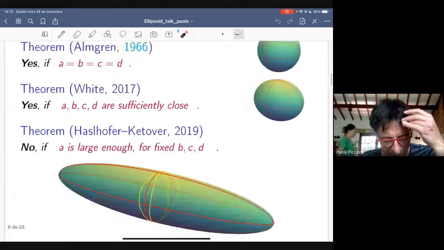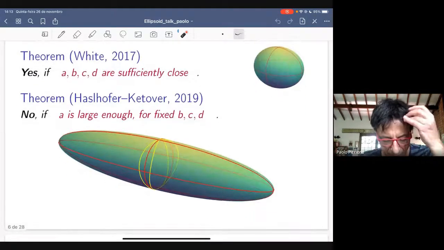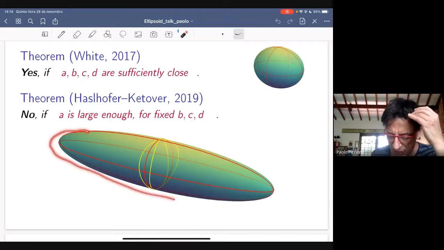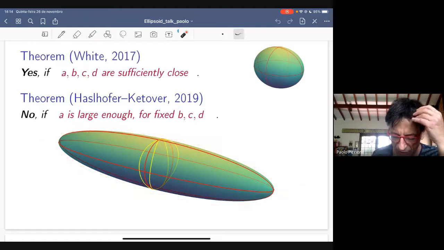But now what attracted our attention was a recent paper by Haslhofer and Ketover in 2019, where they proved that if you fix B, C, and D, and you take A sufficiently large, so you get this kind of ellipsoid here, then there is at least one non-planar minimal 2-sphere. Okay.